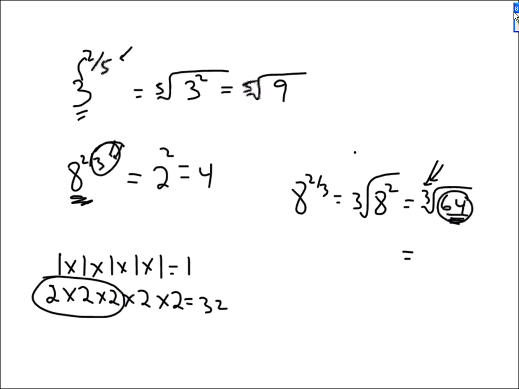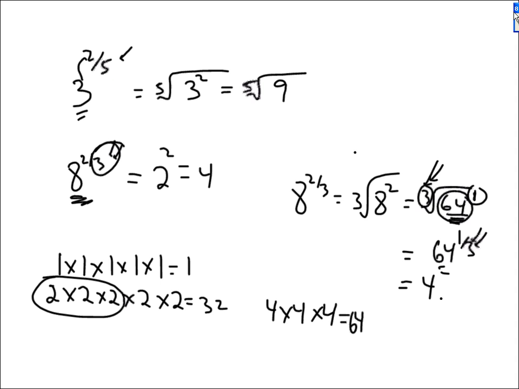If you don't think that's what it's asking, remember it's 64 to the 1 over 3. It's asking, what times itself 3 times gives me 64? The answer is 4, but the numbers are bigger. We have 16s now. You know what 16 times 4 is? I definitely wouldn't do it that way.